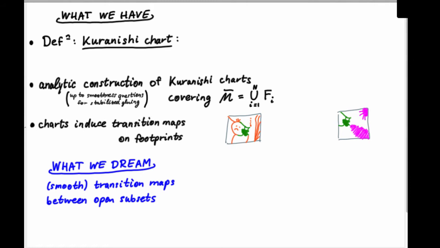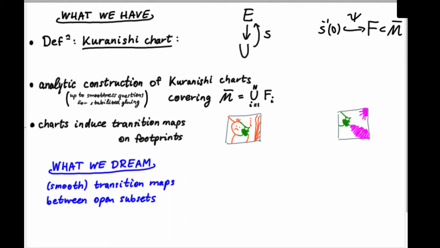We have Kuranishi charts, which I should write down more precisely again. Each Kuranishi chart is a section in a bundle and the embedding of a zero set into my moduli space, but into an open subset of that, which I want to give a name.